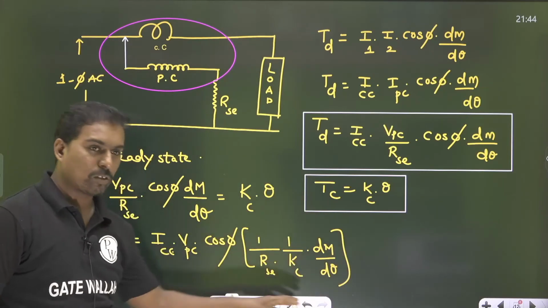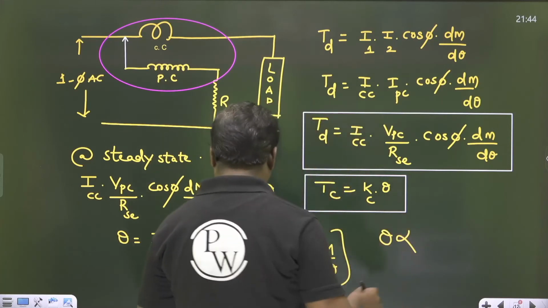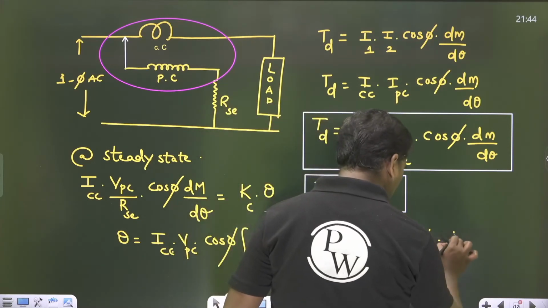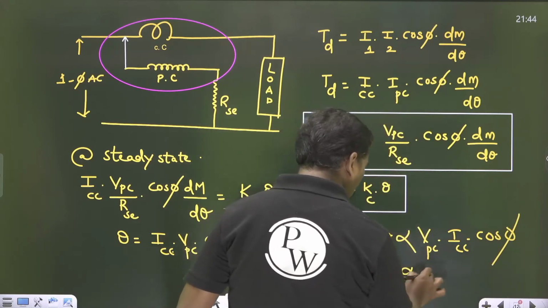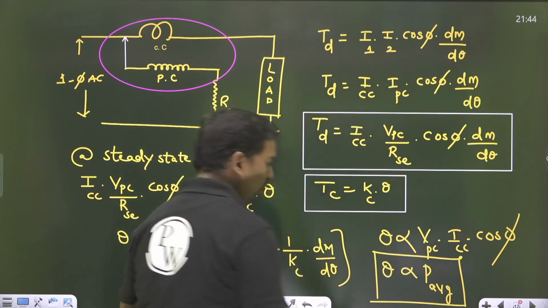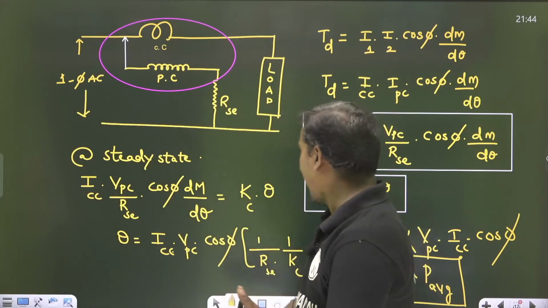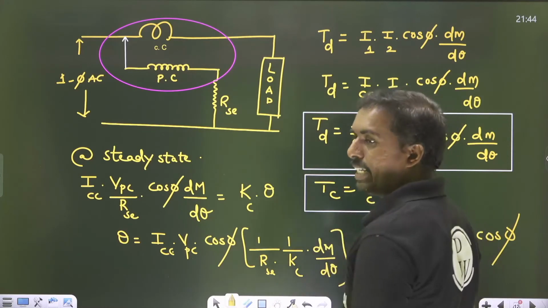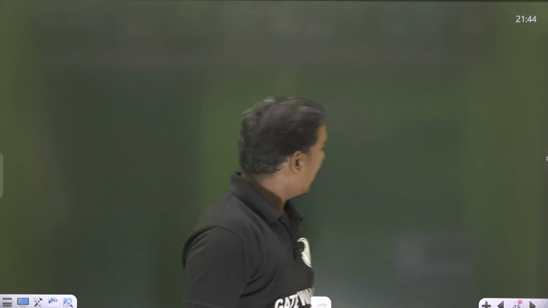If you take this whole as constant, theta is proportional to EPC ICC cos phi. One of the important bits: theta is proportional to average power. That means if you draw the scale, it is going to be linear.